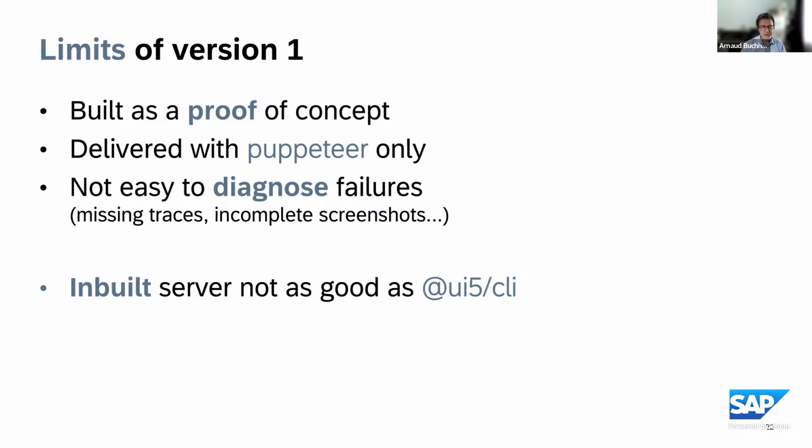But the most important limitation of version 1 is that, as I mentioned, ui5-test-runner comes with a web server. So in order to test the application, in version 1, the ui5-test-runner server was actually serving the UI5 application, and the built-in server was not as good as the UI5 CLI tools. With the UI5 CLI tools, you can have lots of middlewares.